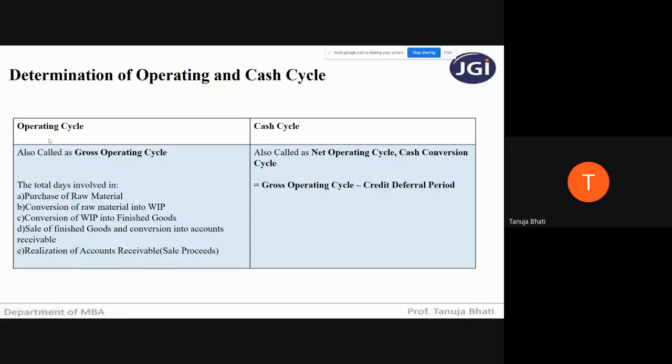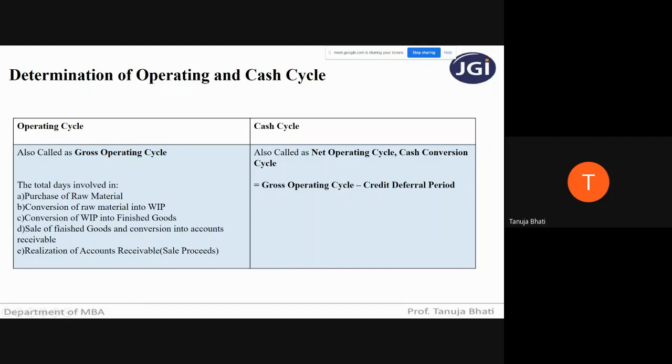Look at the left hand side, students. Operating cycle is also called the gross operating cycle. What are the days that you're going to calculate? Number one, the days involved in purchase of raw material. Number two, the days required to convert the raw material into work in progress.